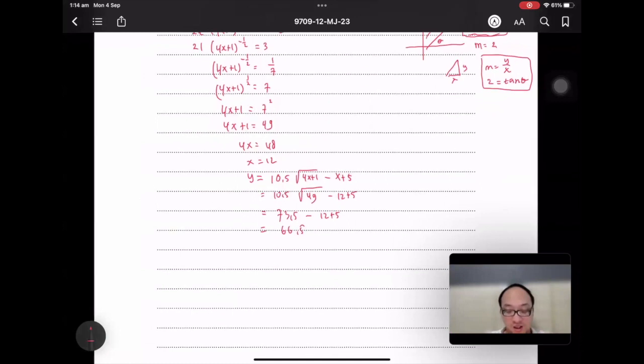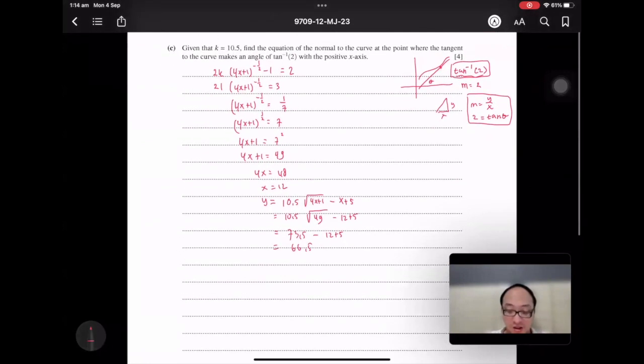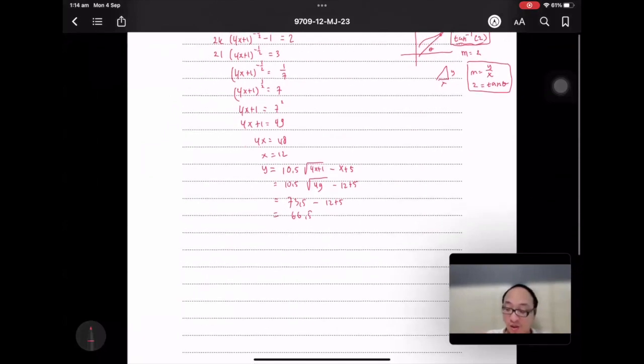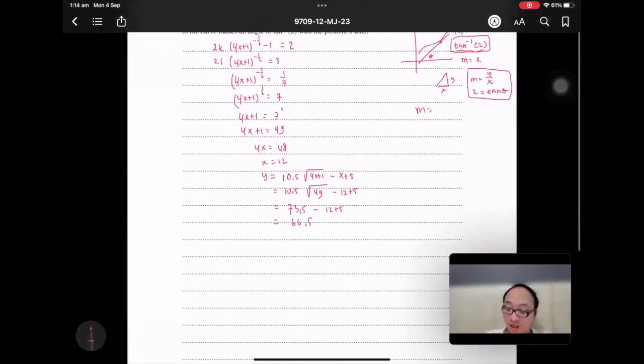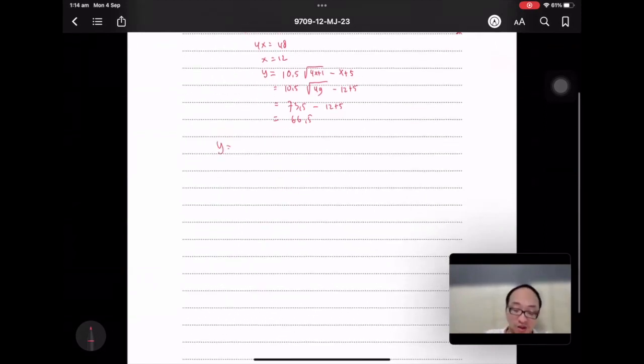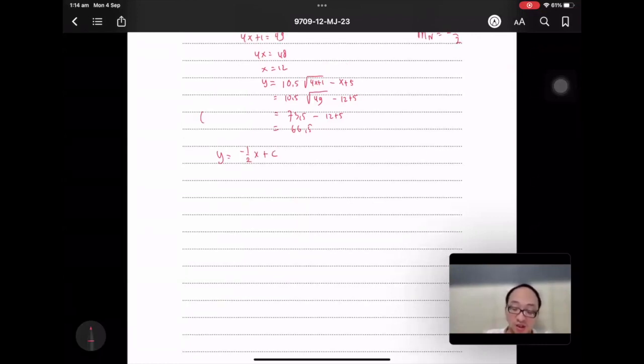And then find the equation of the normal. So we know that the gradient of the tangent is 2. So the gradient of the normal will be equal to negative 1 over 2. So the equation will be y equals negative 1 over 2 x plus c. And we put the coordinates 12 and 66.5.